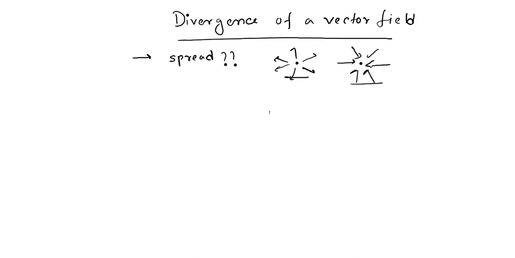What is the mathematical symbol for divergence? For example, if V is a vector field, how do we write the divergence of the vector field mathematically?